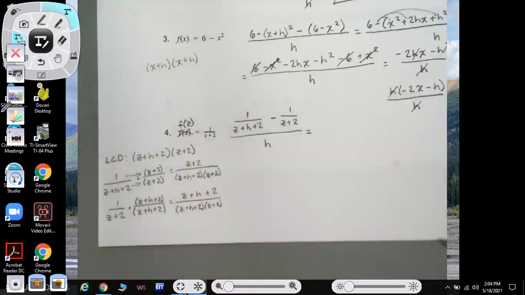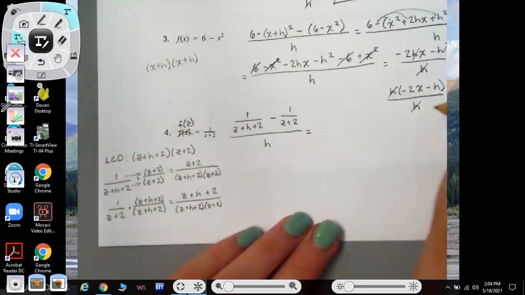Okay, we've changed the way that these fractions look. Let's go ahead and change them in our problem.